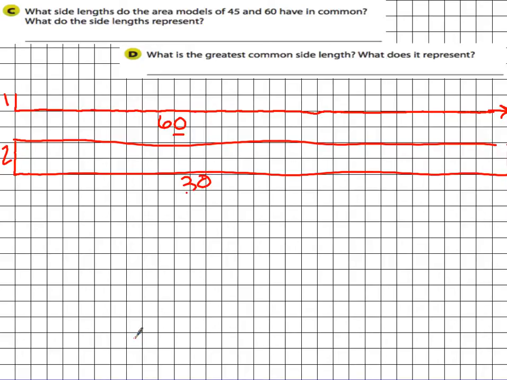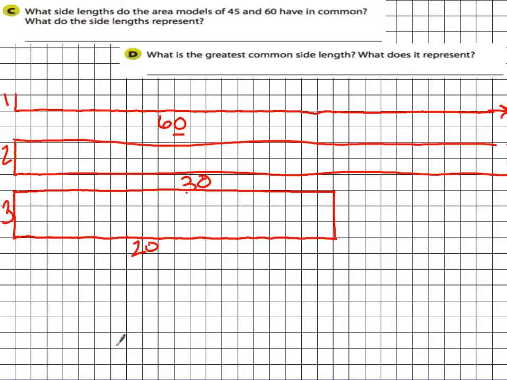I know 60 is divisible by 3, so I could do 3 by 20. So 1, 2, 3, and then counting up to 20. So again, 3 by 20.